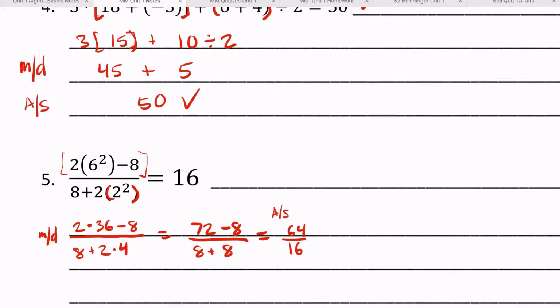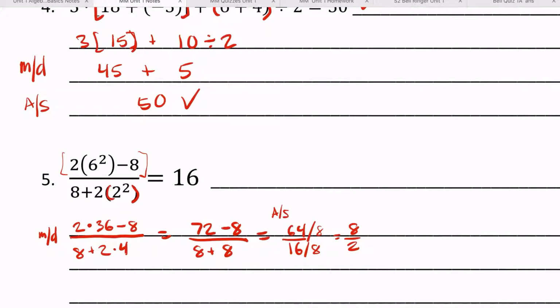reduce the fraction. So how many times does 16 go into 64? If you're not sure, you could realize that something else goes into 64. Perhaps you would want to try dividing by 8, top and bottom, just in case. I know that 8 times 8 is 64, and 16 divided by 8 is 2.